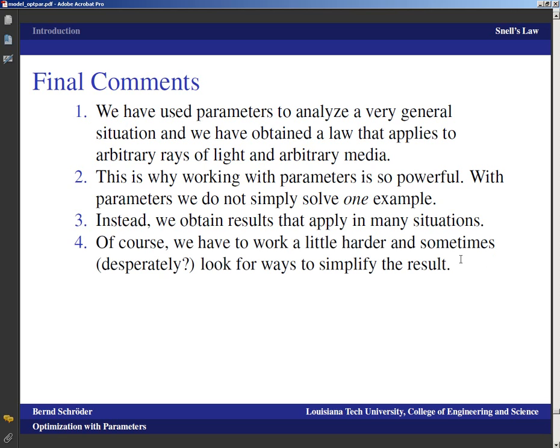And of course, that means we have to work a little bit harder and sometimes maybe even desperately look for ways to simplify the result. Changing that quotient to sines, that certainly is the mathematical equivalent of a double backward flip just to get out of a tough situation, but we got it done, right?